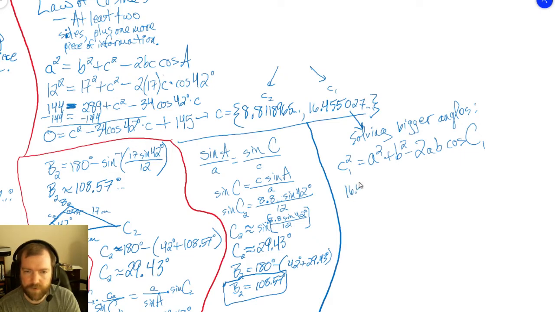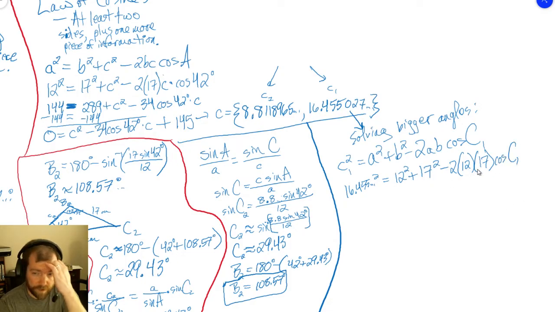This is 16.455, etc. squared is equal to a squared. A was 12 squared plus b is 17 squared minus 2 times a, which was 12, b was 17, times cosine of c1.